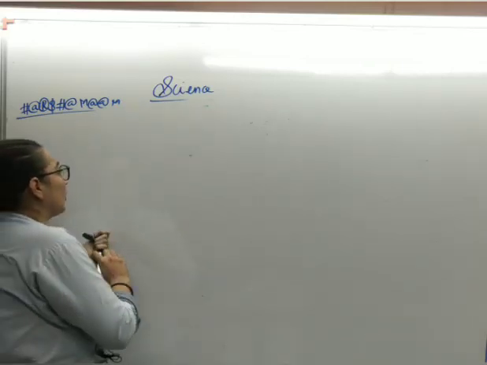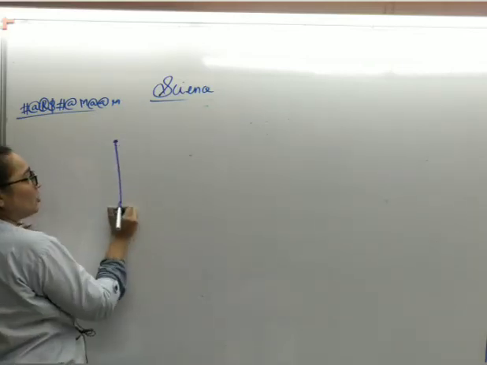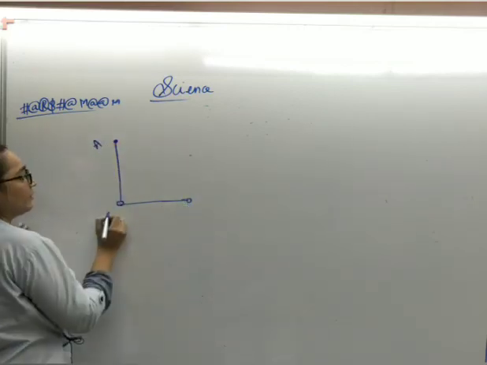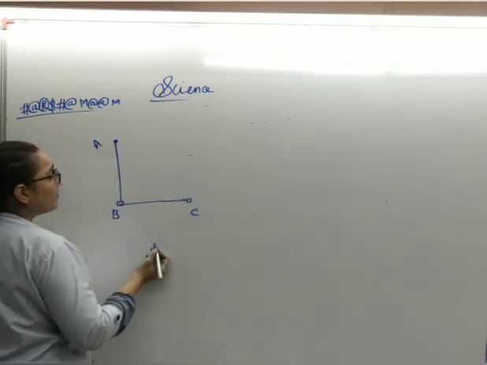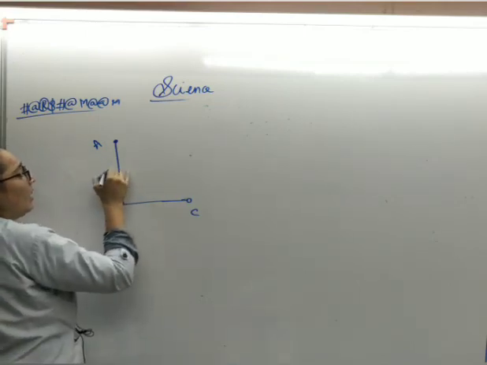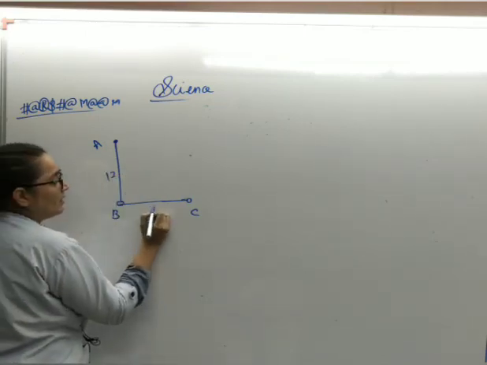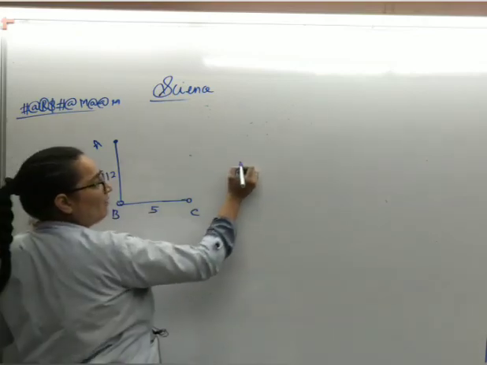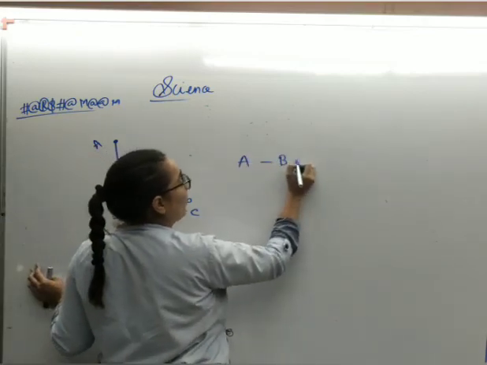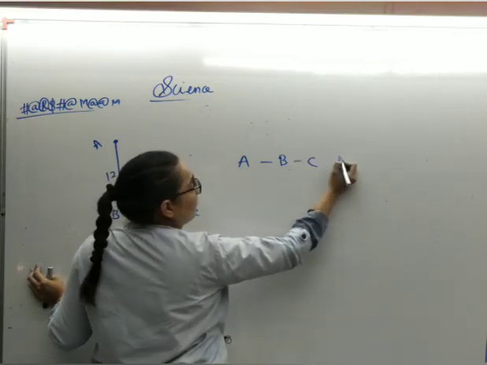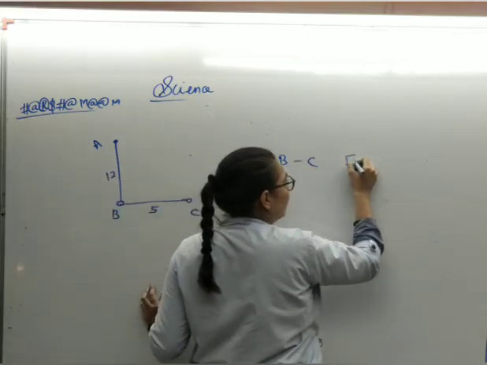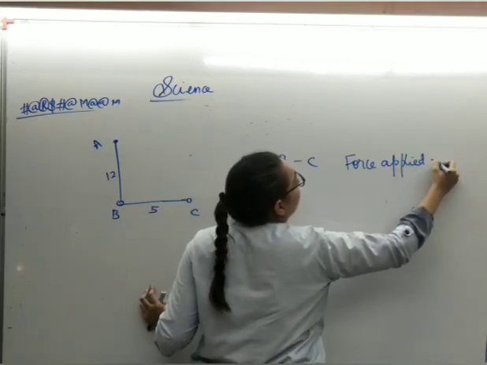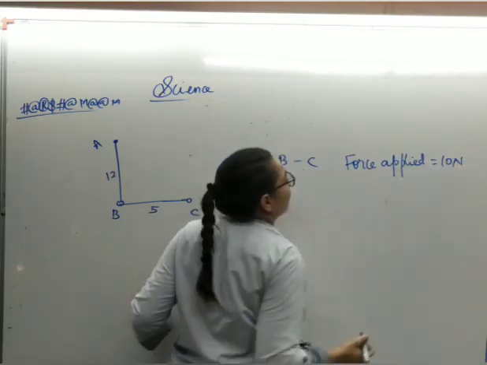An object is going from point A to point B, then from point B to point C. This is, you can say, 12, this is 5, and the force applied to go from point A to B to C is say 10 Newton.